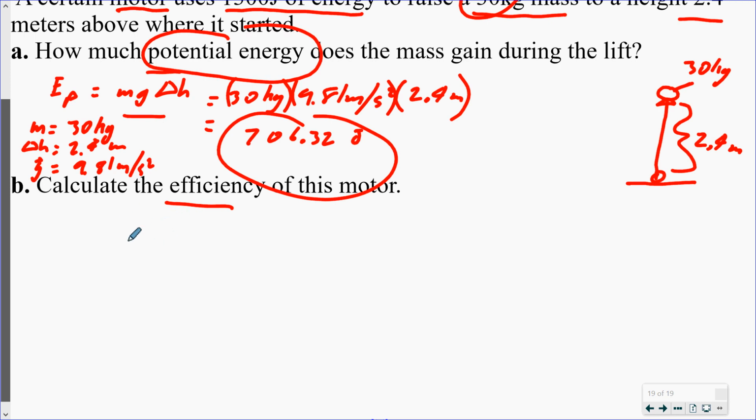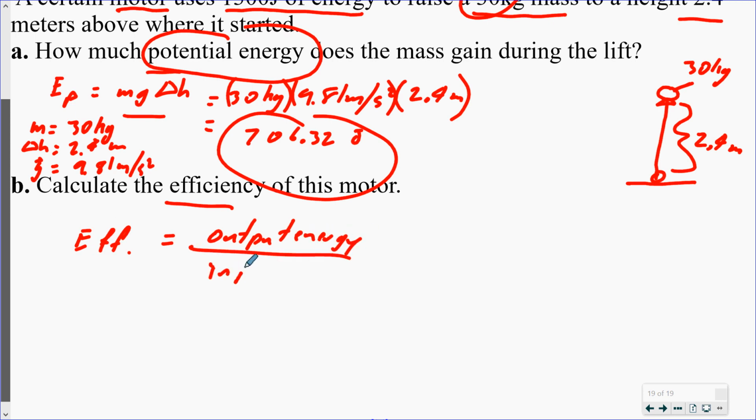So efficiency, what is the equation for? I'll just put it here as this, efficiency. Remember, it is the output energy divided by the input energy, directly from your data sheet, times the 100%.